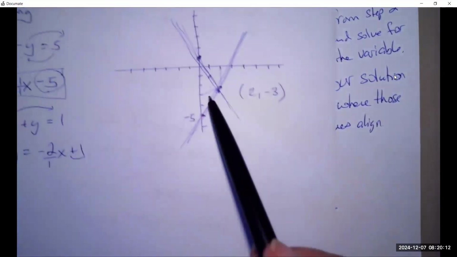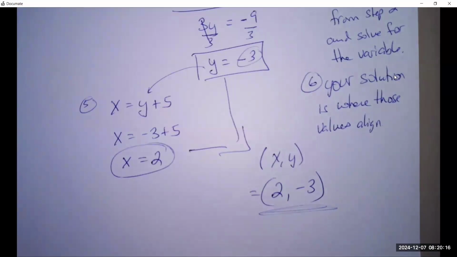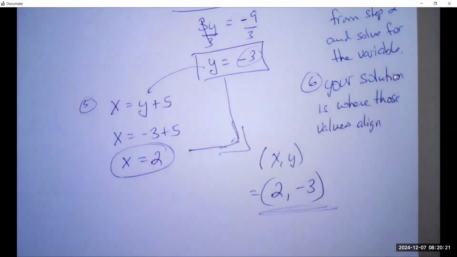Which is what our graph supposed to show, it did 2, negative 3. But unlike the graph example, we didn't have to guess. This one is what it is. So that's the substitution method.